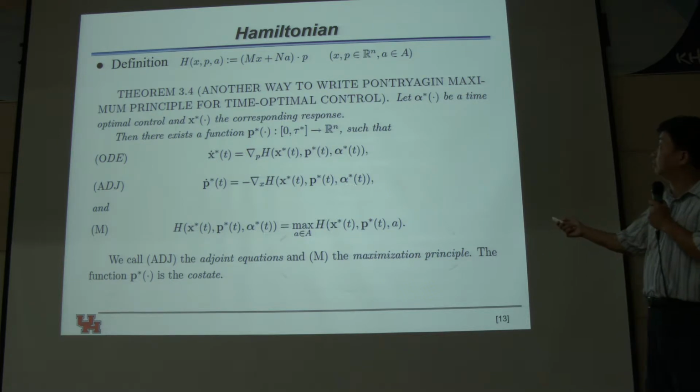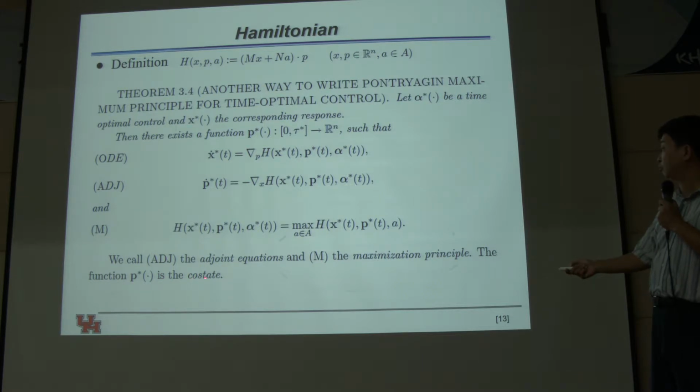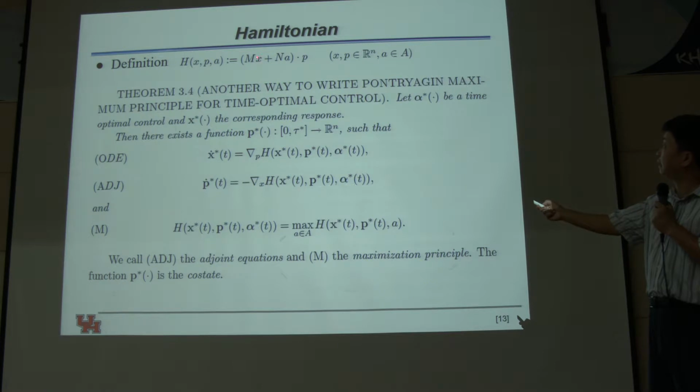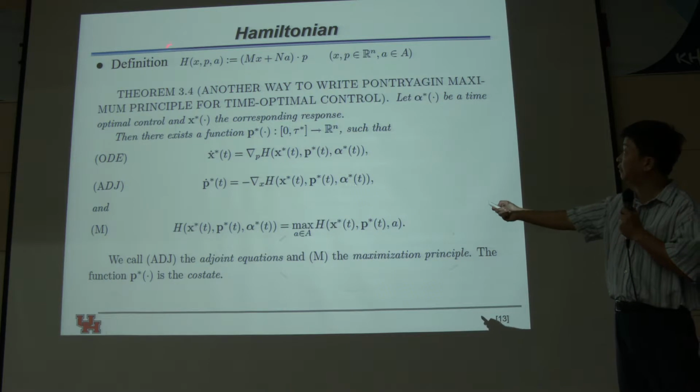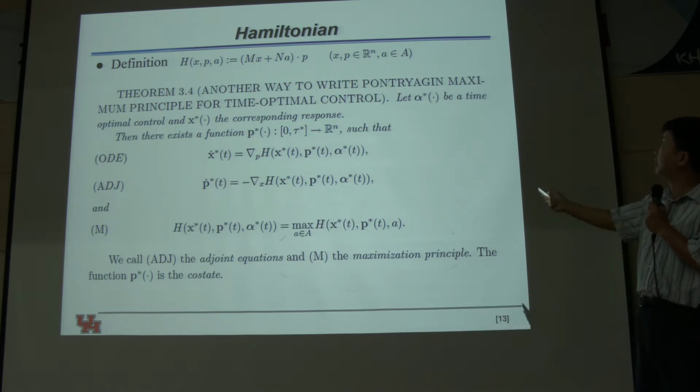We introduce a costate p, where x is the state, m is a constant matrix, alpha is my control, n is a constant, and then we introduce a parameter p. And finally we define this function as the Hamiltonian.